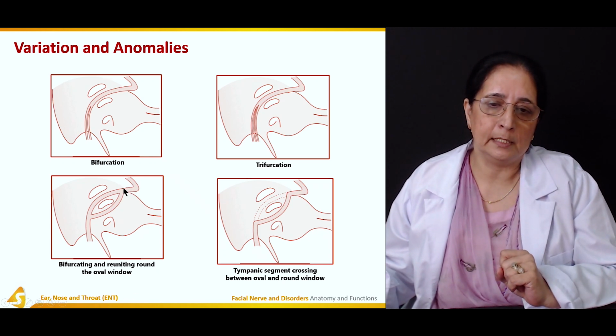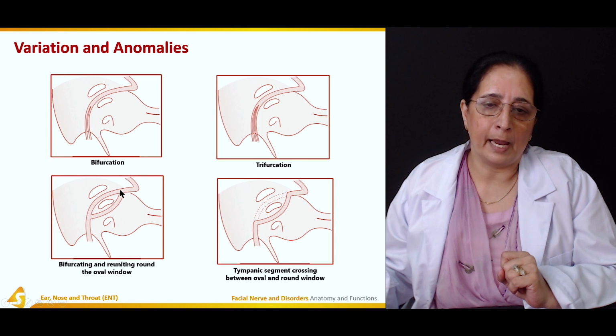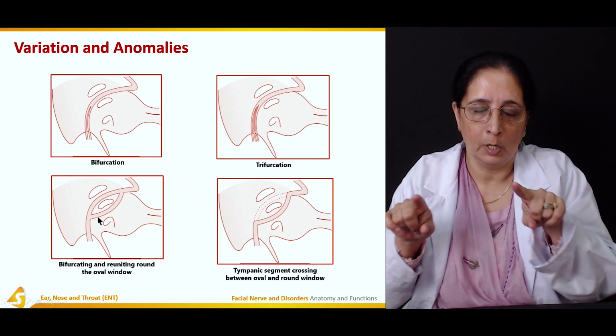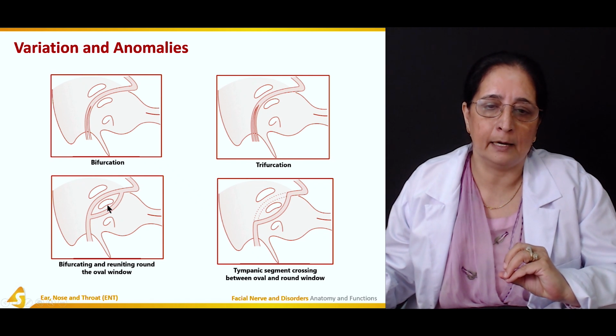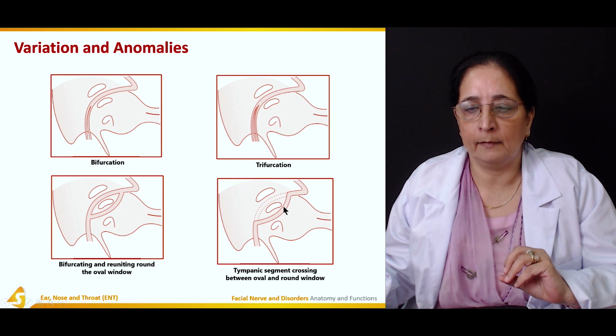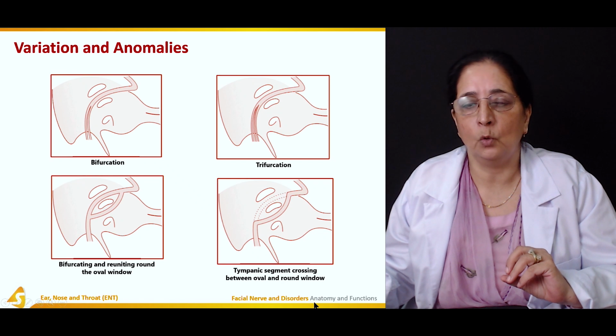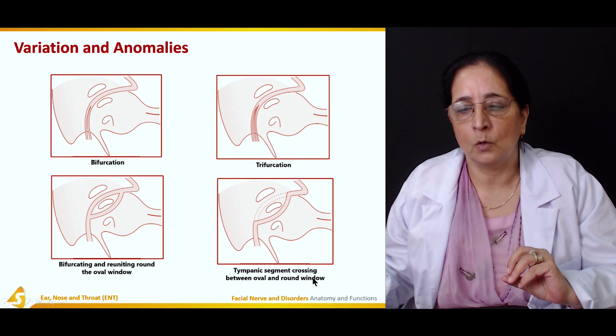You can see this is the facial nerve. It is bifurcated into two, and that bifurcation is reunited again around the oval window. And then there is a tympanic segment crossing between the oval and round window.